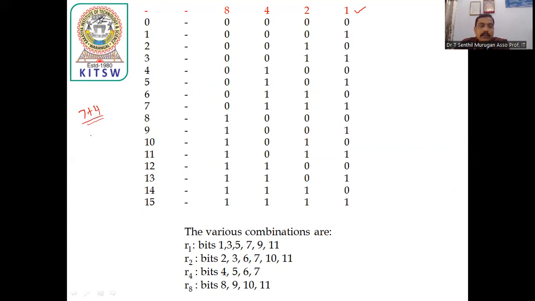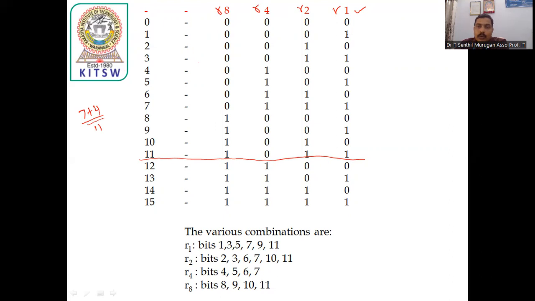So total 11 numbers. So up to 11 you will take the values. Here, I have written on top R1, R2, R4, R8. Okay, like that you will consider.